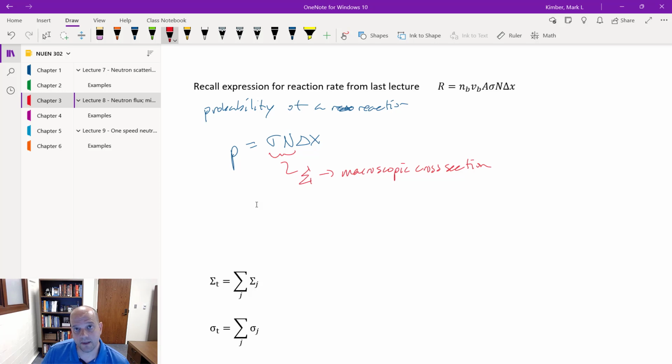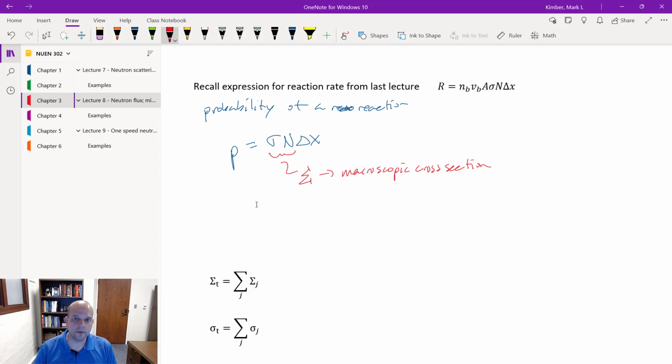We take the sigma, which is really some measure of a single atom of that isotope and a neutron, and its probability of interacting with that neutron. So sigma is a probability-like metric that is tied to a single atom and a single neutron, and how likely it is to interact.